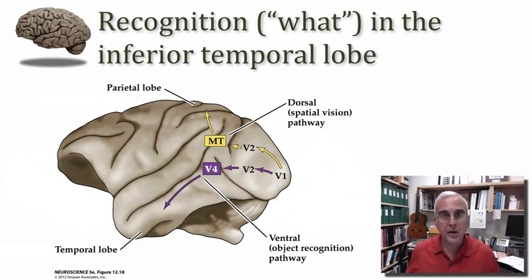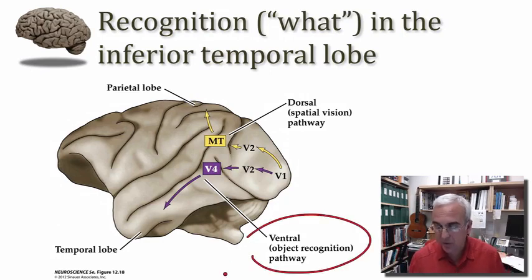So let's turn our attention then to the inferior portion of the cerebral cortex that we find here on the temporal lobe. And it's there in the human brain that we find these regions that have been well studied in non-human primate models. And what I'm referring to here is this ventral object recognition pathway. You may recall that we spent just a little bit of time talking about this when we considered the central processing of visual signals in Unit 3.